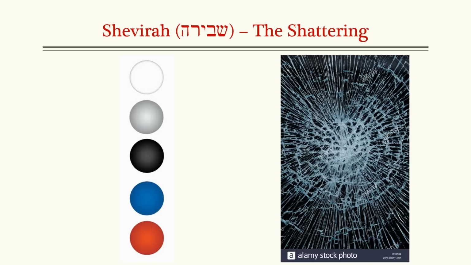But when you drop and break that wine glass or that vessel, there will still be oil clinging to the vessel. That is symbolic of the Reshimu, the leftover light that was still clinging to the vessel after the retraction. And that light clinging to the vessel is what gave movement and life.